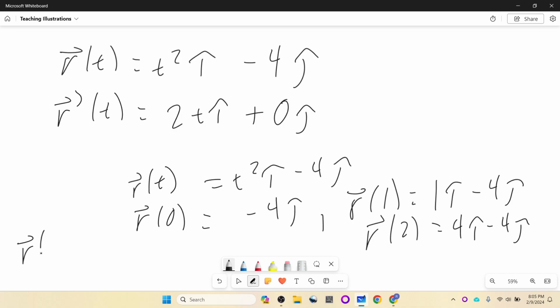What would we get for r of negative 1? Well, that would also give us 1i minus 4j.